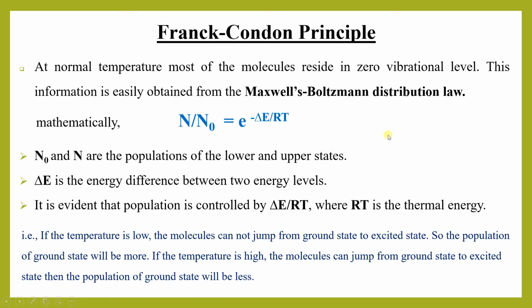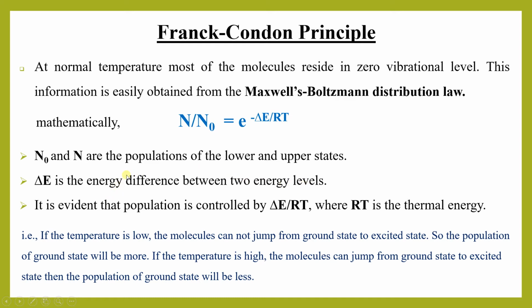The low energy state is the ground state, represented as n naught, and the higher energy state is the excited state, represented as n. The population of the ground state is more, so the transition from ground state to excited state is the most probable transition. Transitions are also governed by the population in the ground state and in the excited state. Here delta E is the energy difference between two energy levels.